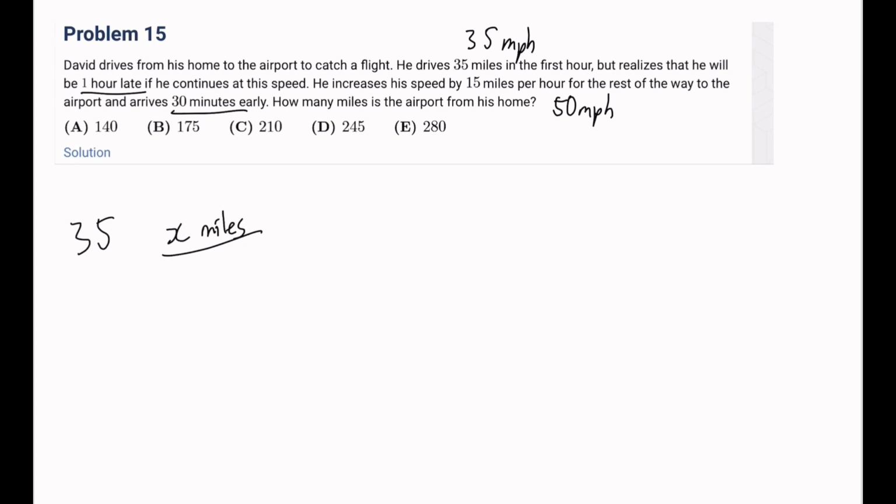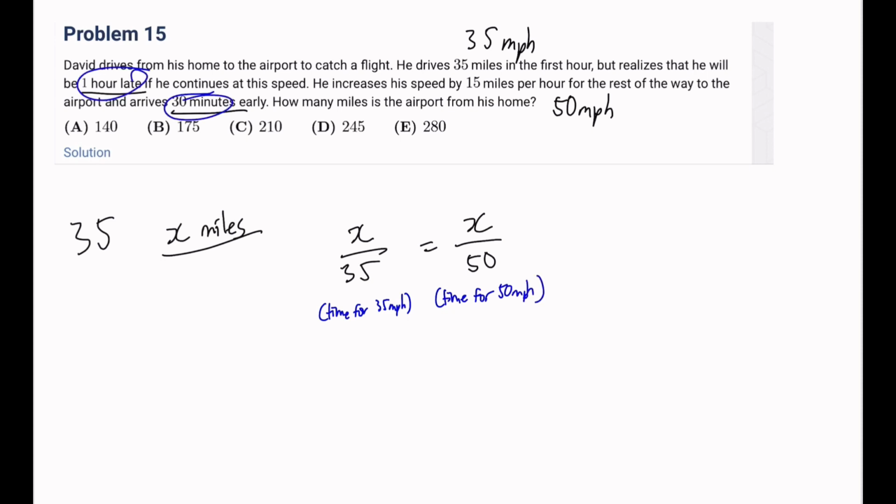we can say that x over 35, which is the time, let me write this in a different color, time for 35 miles per hour, would equal x over 50, which is time for 50 miles per hour. And then since the difference is 1 hour and 30 minutes, this would have to be plus 1.5 hours, right?